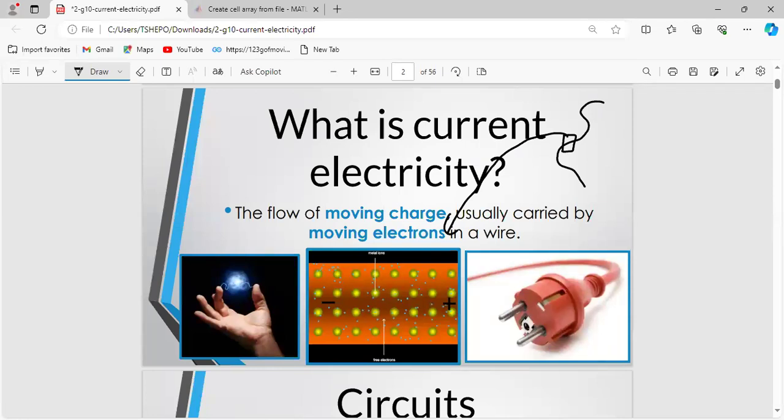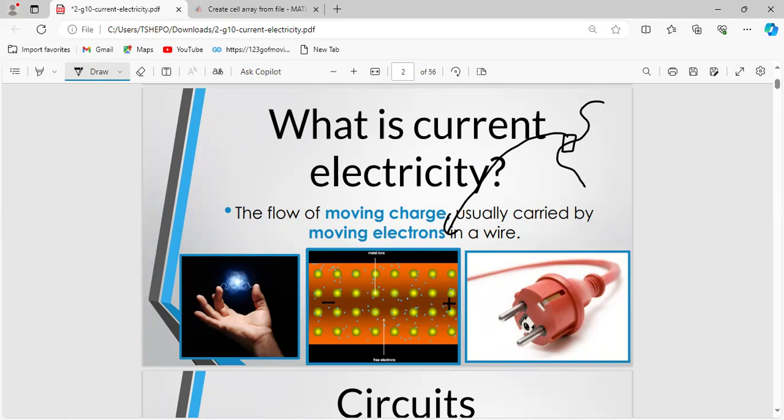It has electrons like this when you zoom in at the microscopic level. These are the electrons, and they are close to one another and they vibrate. But if there is a source of power, these electrons are going to vibrate and interact with one another and start to flow inside of the current carrying conductor.